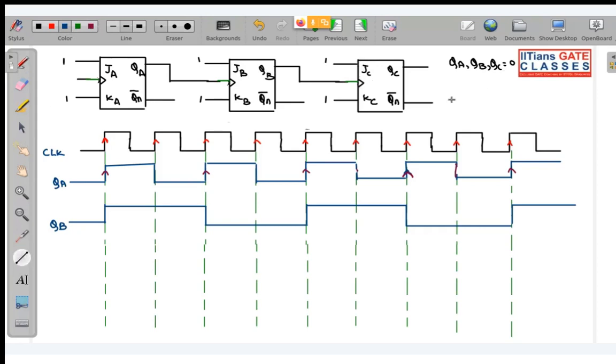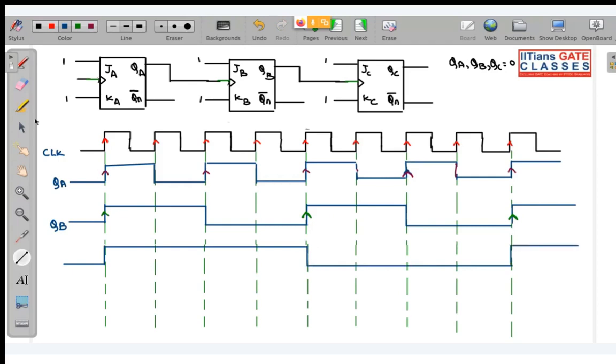Again this has also started from 0, so it will go from 0 to 1. First let us mark the positive edges. This is one positive edge, this will be one more positive edge, and this is one more positive edge. So toggling will take place like this. This is one more toggling.